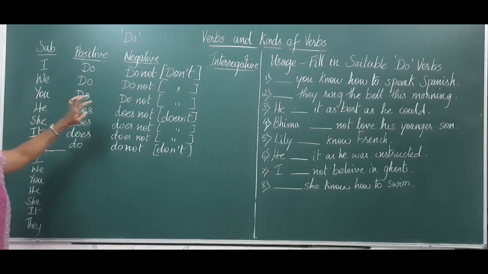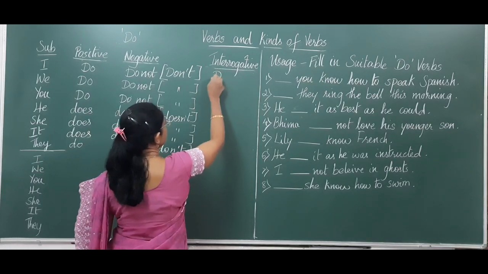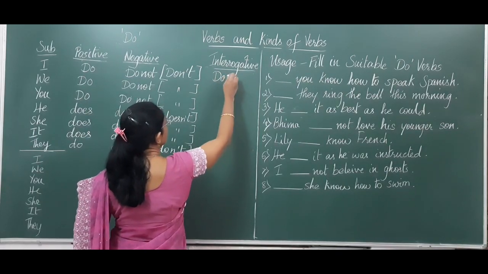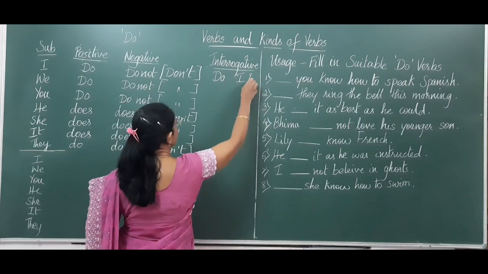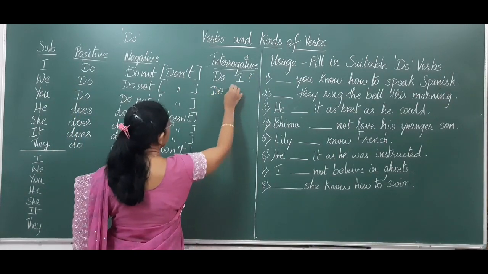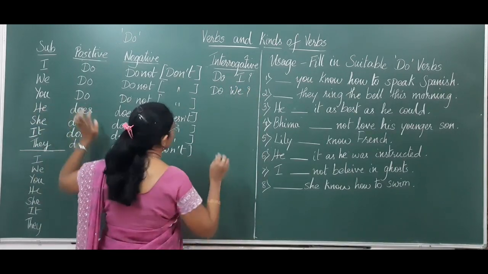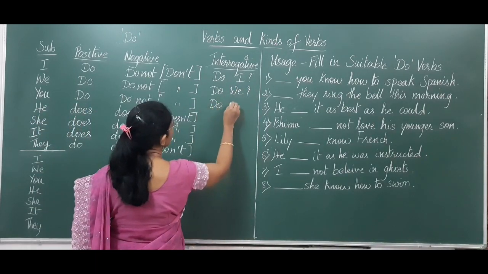In the interrogative form, we see the do verb beginning the sentence as do I. For we do, it takes do we. You do, do you.